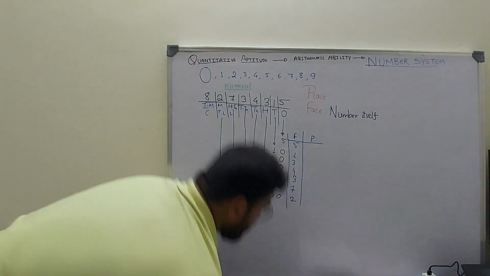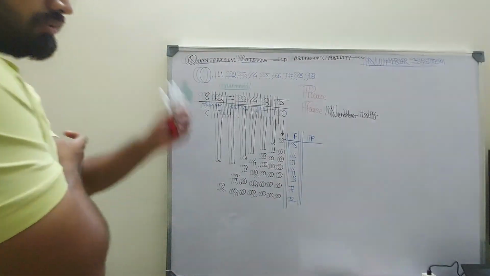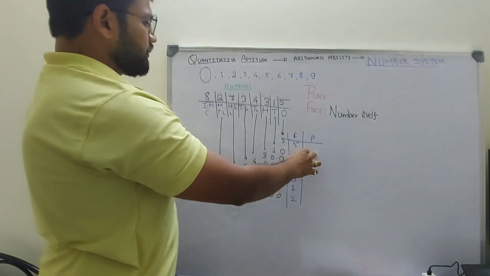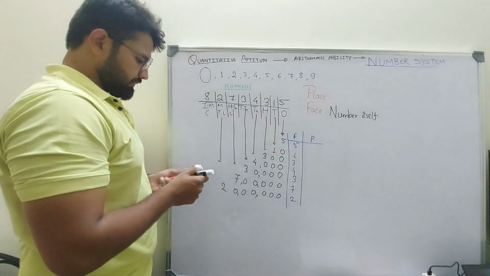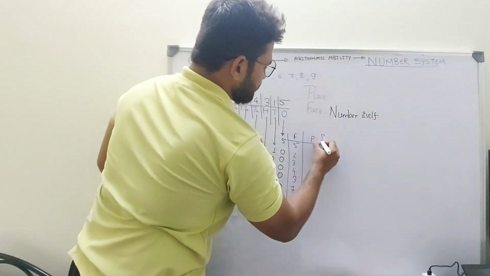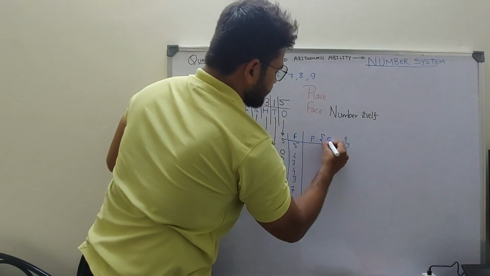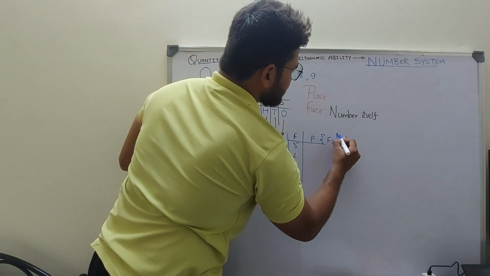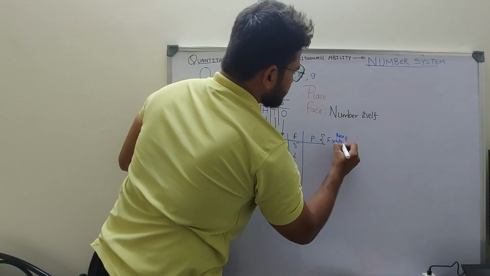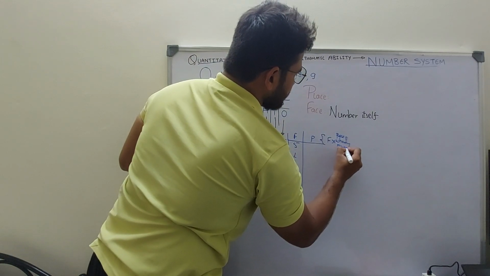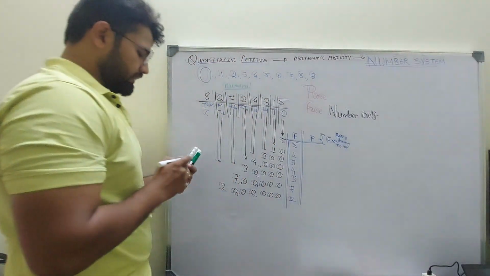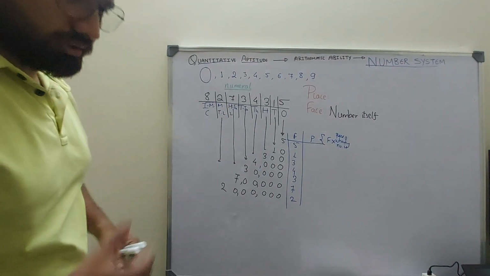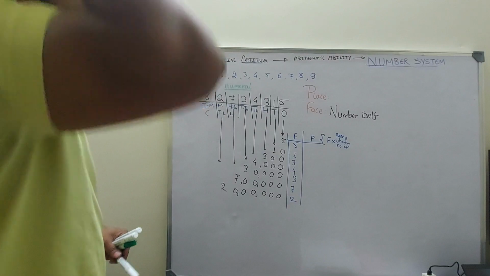Now the place value is face value into the position where the number is. To remember simply, I can give you this plain formula: face value into the place where the number is. The place where the number is nothing but ones, tens, hundreds, thousands, 10,000s, 100,000s, and so on.